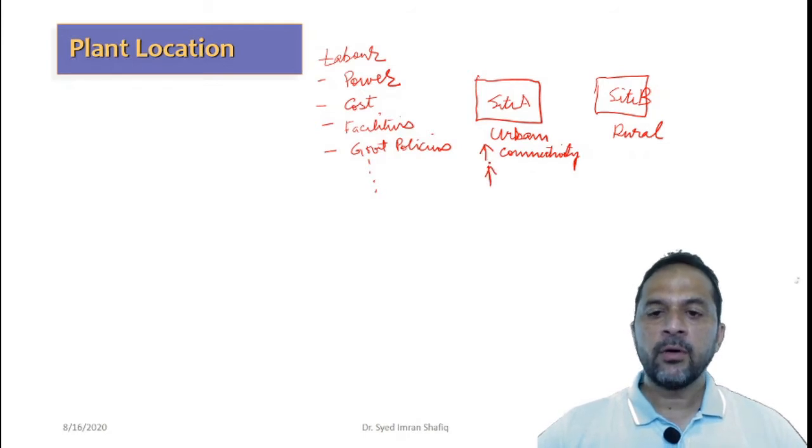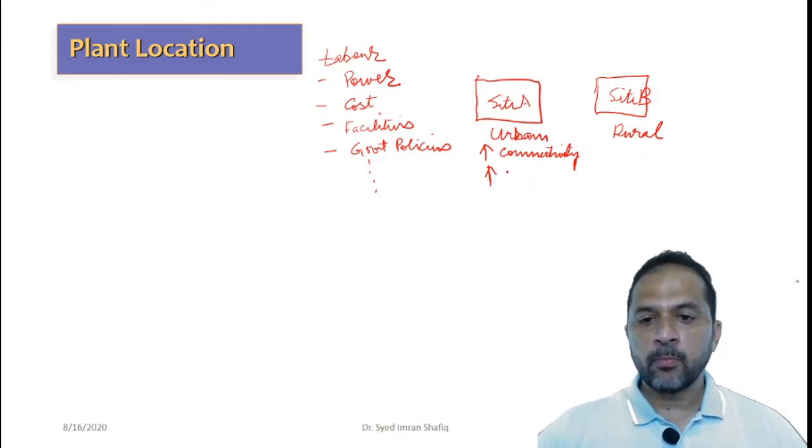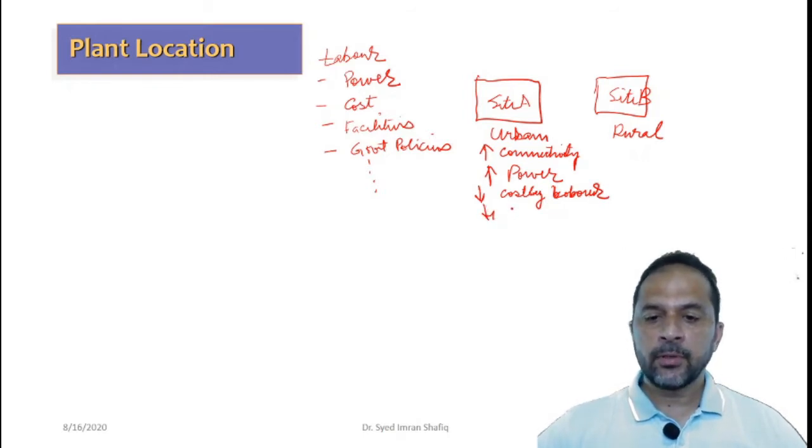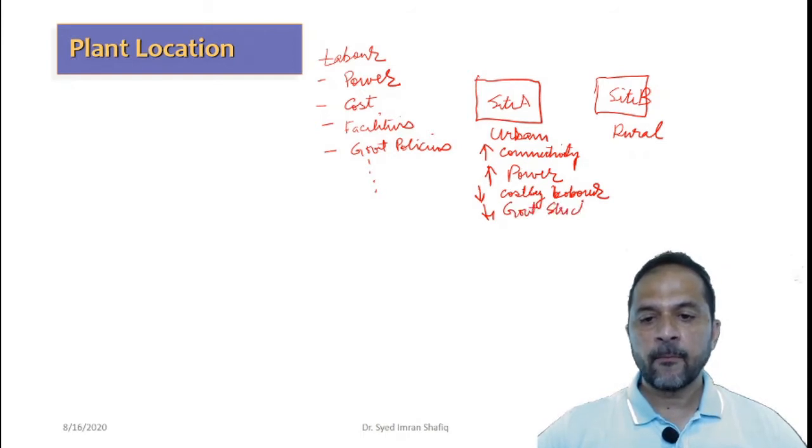Number two, it has good power supply, but there are certain disadvantages also, that is costly labor, and maybe the government policies are strict. So this is one scenario.